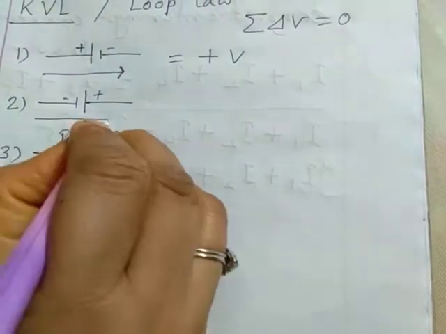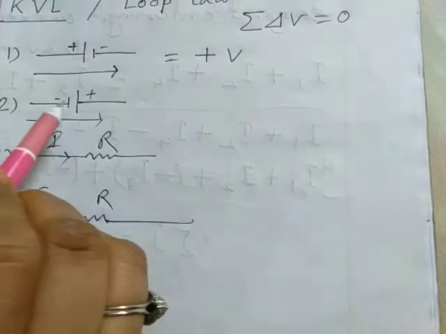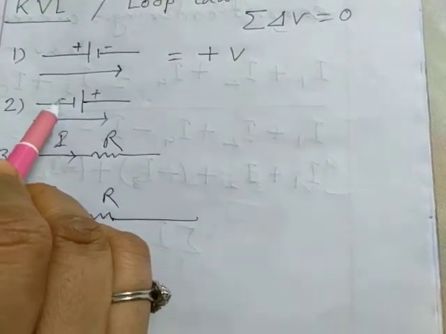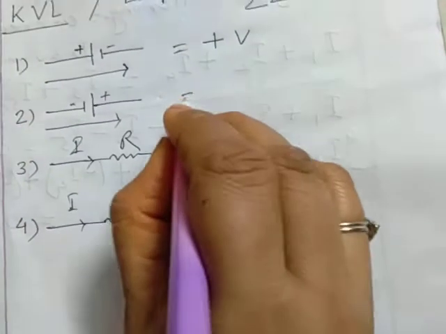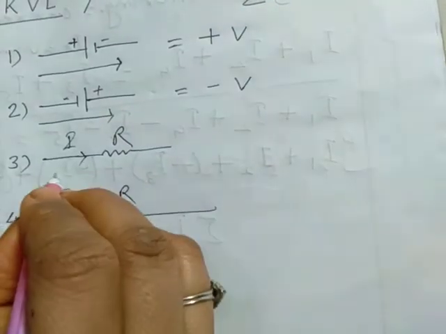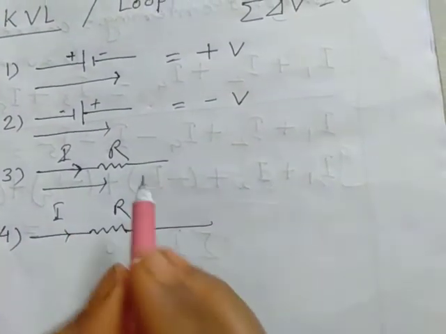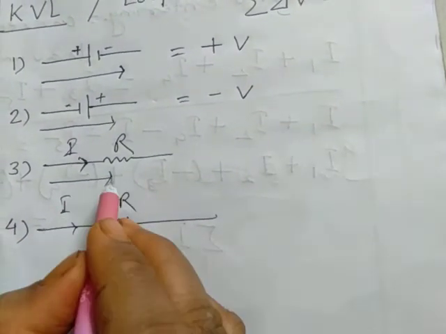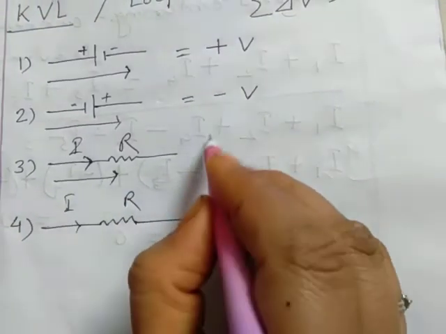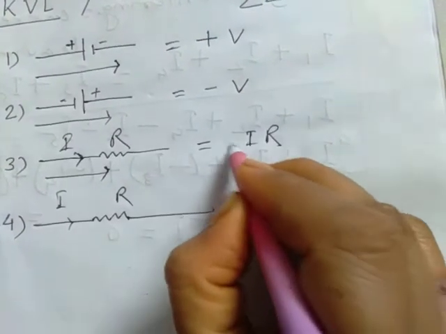But if you are going in this direction, that means from negative to positive, which sign of the cell are you seeing at first? Negative sign. So the potential difference will be minus V. Now the current is moving in this direction, and if you are measuring the potential drop along the direction of the current, then the potential difference will be positive.